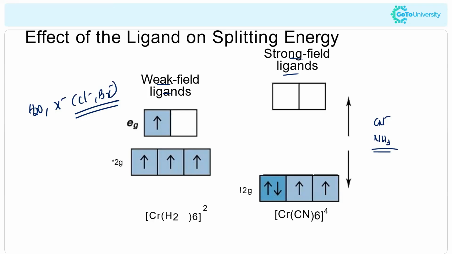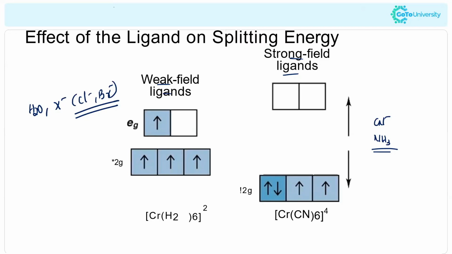Okay. So during the complex formation, the splitting of the d orbitals will take place as we discussed before. Then the filling of the electrons in these orbitals will depend on the strength of the ligand. If the ligands are weak field ligands, meaning they do not have enough strength, the electrons will not pair up.